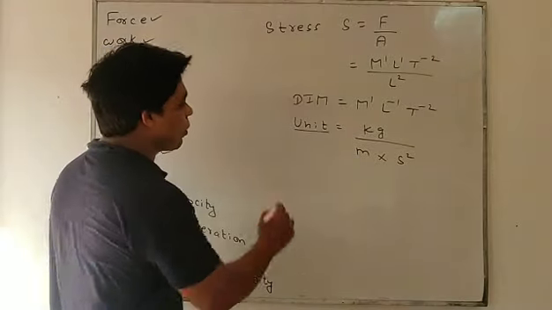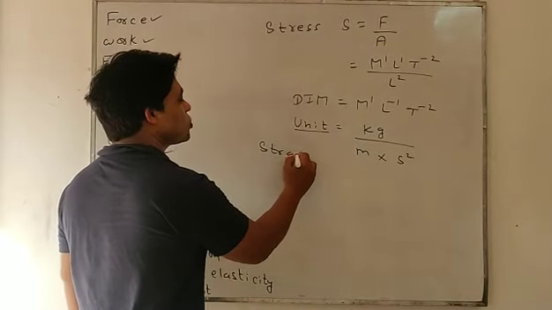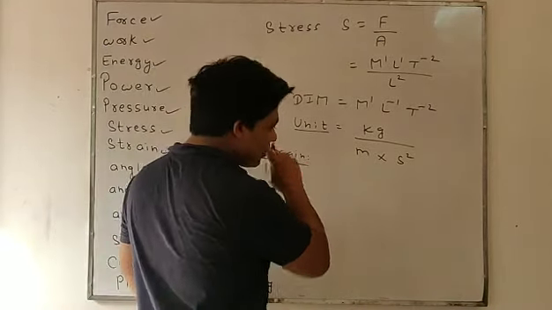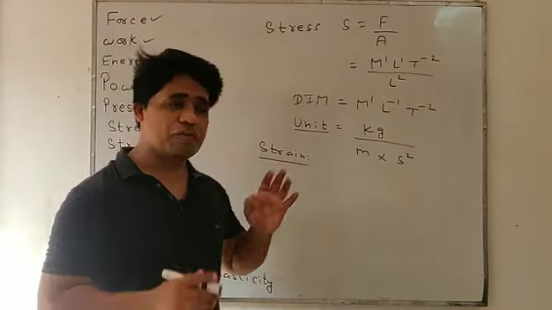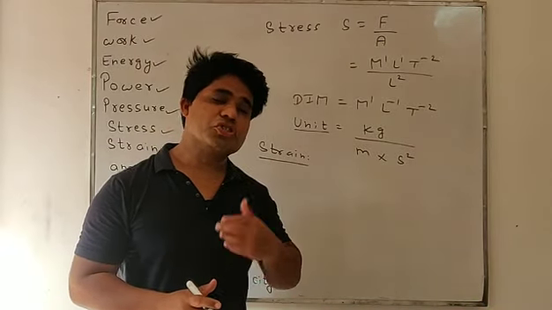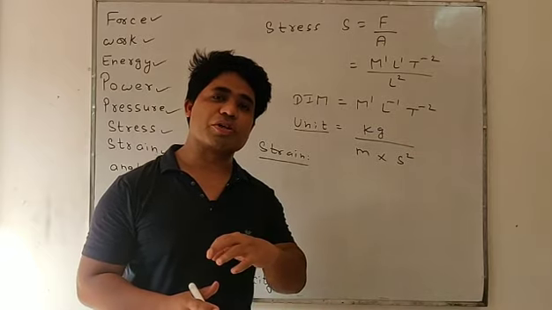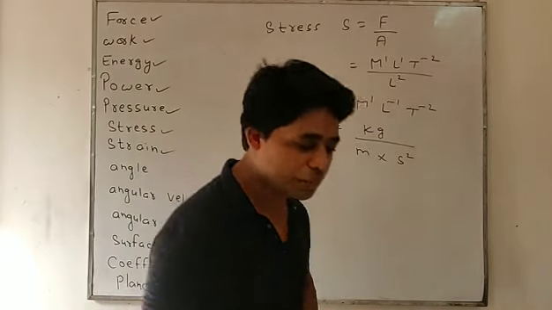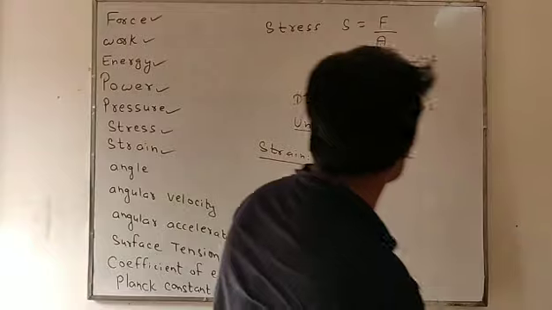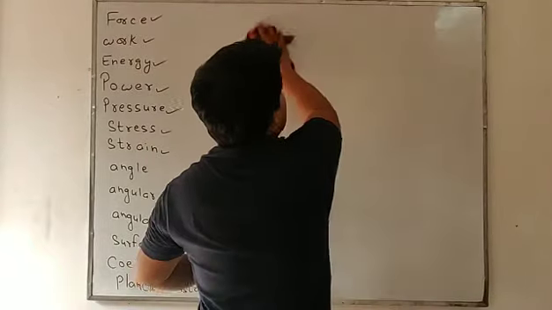Now strain, that is important. I'm going to tell you about strain. Actually, strain is a physical quantity having the formula change in configuration by original configuration, change in dimension by original dimension. For explaining that, I'm going to make a diagram.